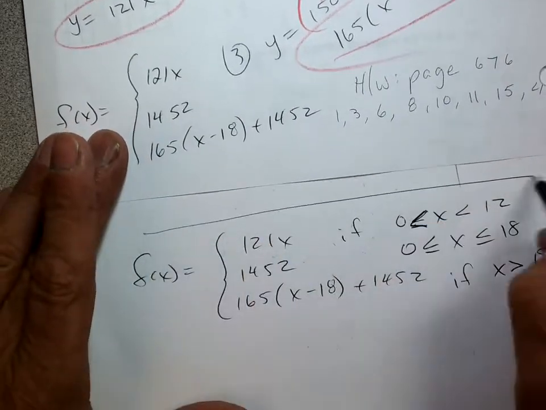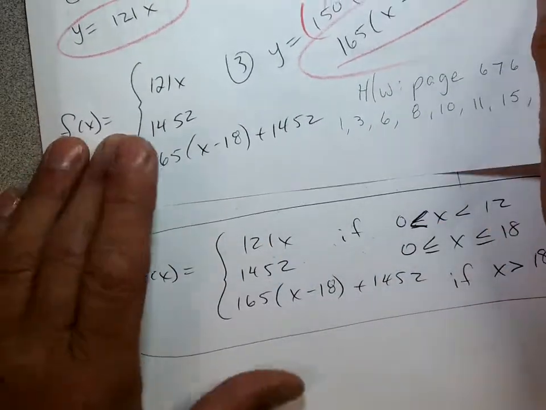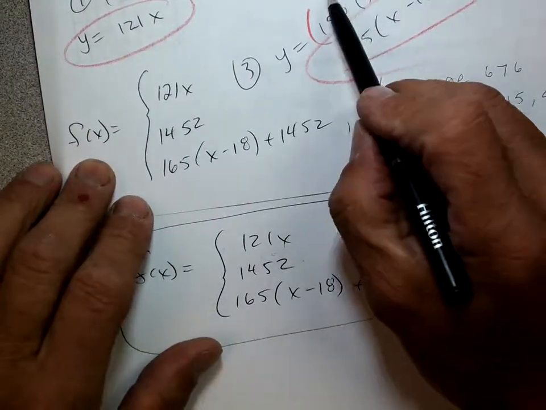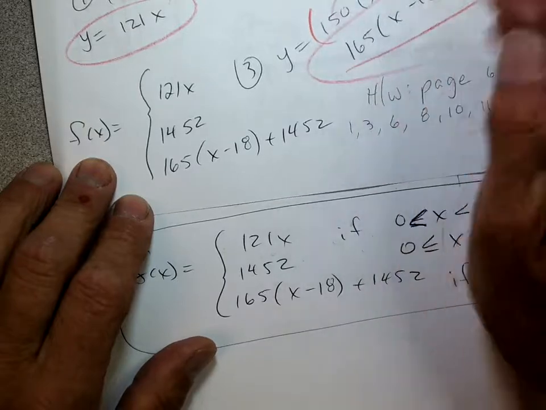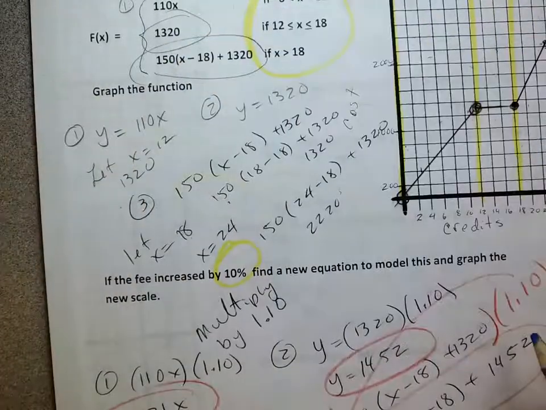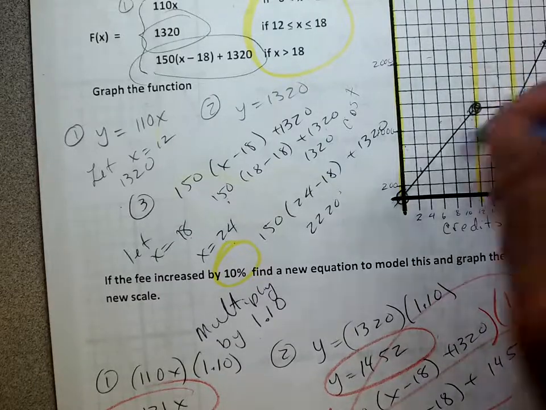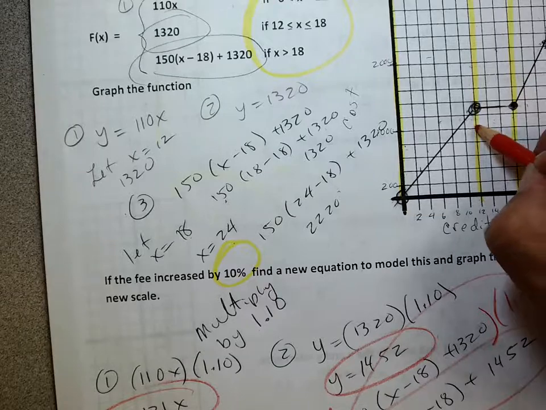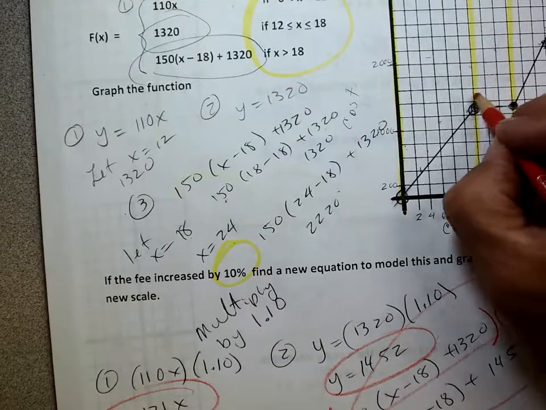Now, how do we graph this? It's actually pretty simple to graph, okay? Because we're going to take this number 1452 and make this work. So the 1452, put it in red, is about here.